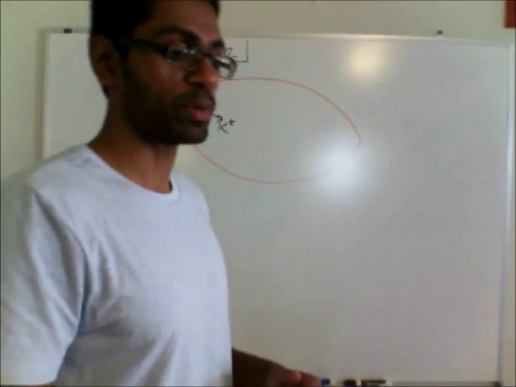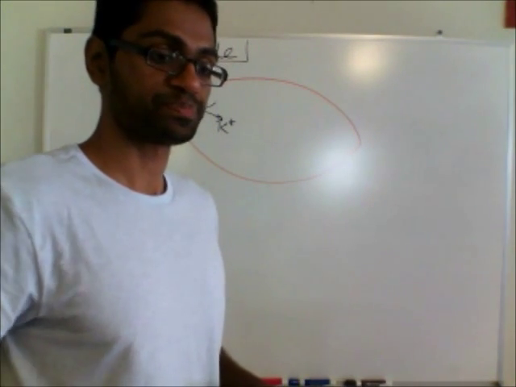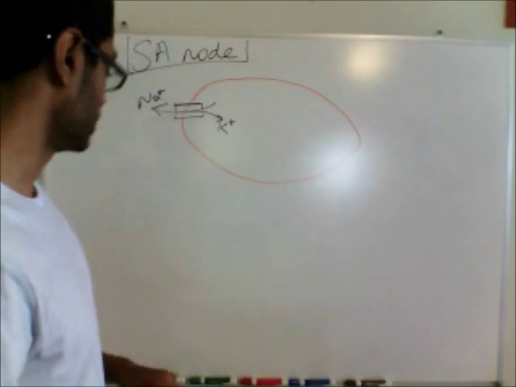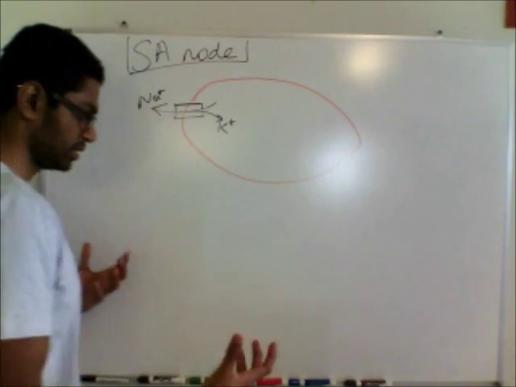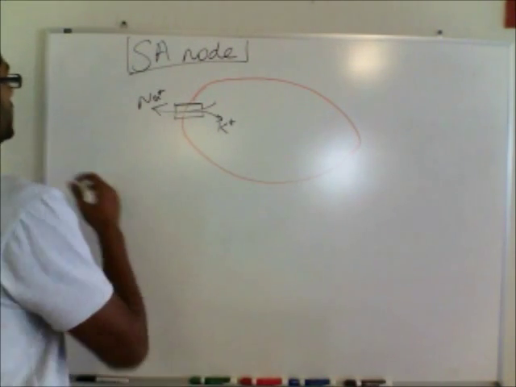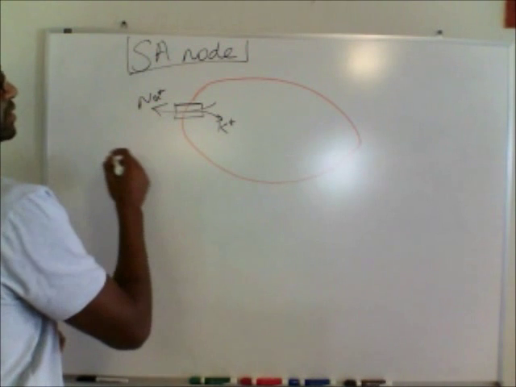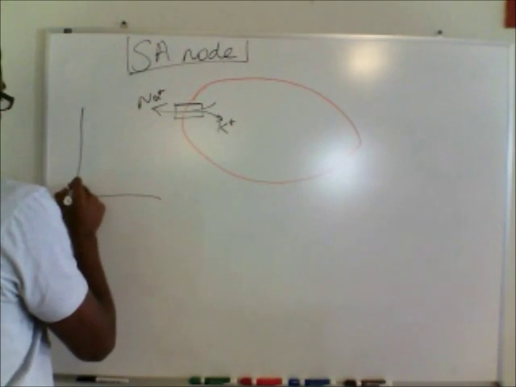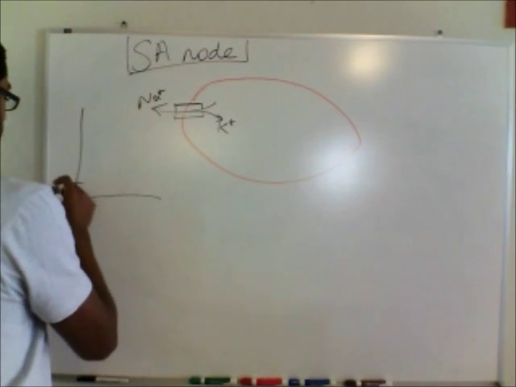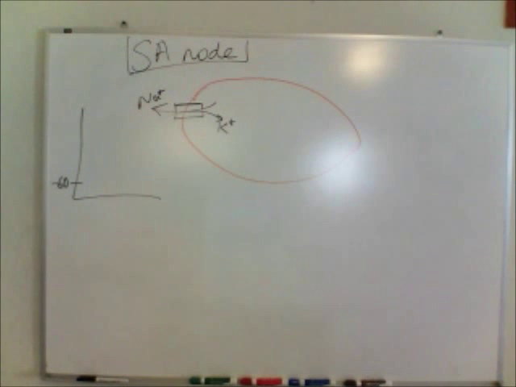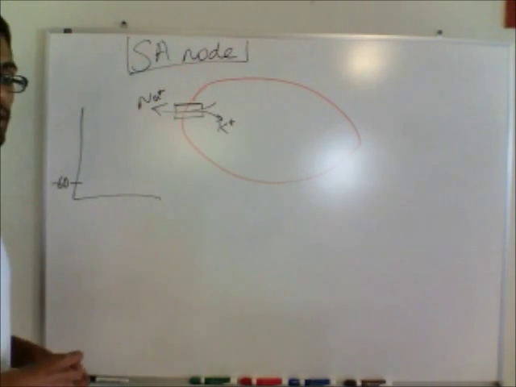Now, what do you think the normal membrane potential is for the SA node? Actually, it's lower than the myocyte. Well, I guess higher, not exactly lower. I'm sorry, the SA node actually maintains its membrane potential at around -60. Okay.